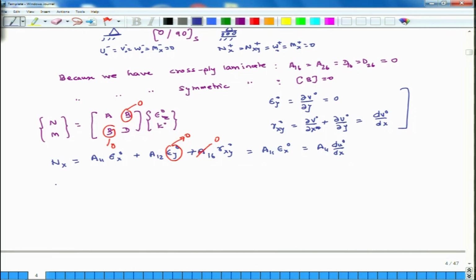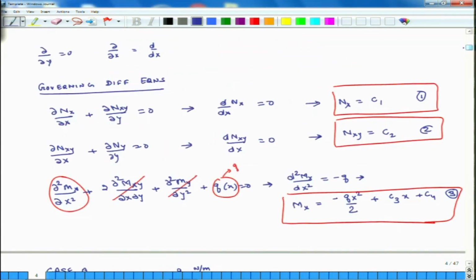So, we can write Nx is equal to A11 du naught over dx, and we have seen from equation 1 that Nx is a constant, equal to C1.